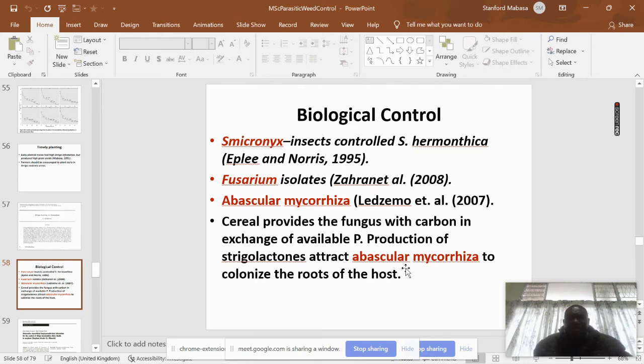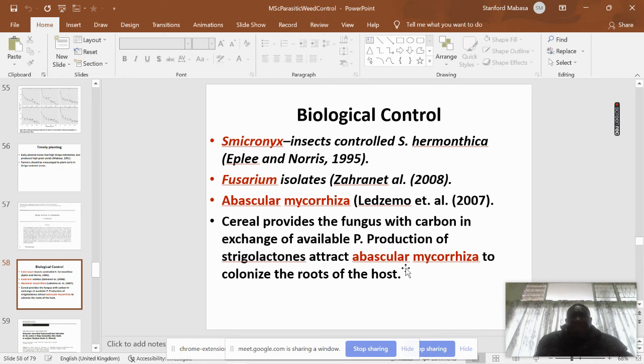It can be provided with carbon in exchange for available phosphorus, because the arbuscular mycorrhiza occupy roots of crops, especially in low fertility, in poor fertility soils.